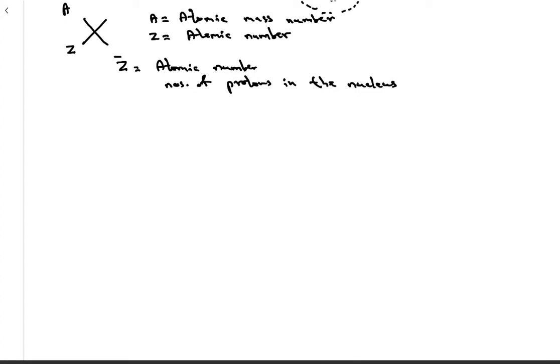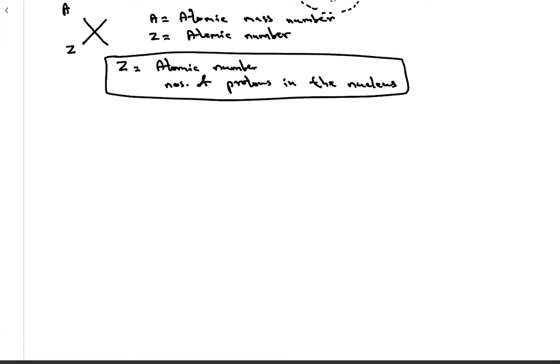The importance of Z, the atomic number, is that for a given element, Z is the same.